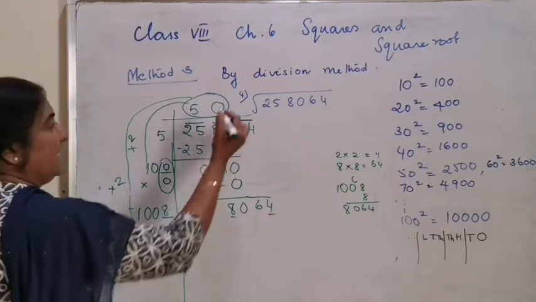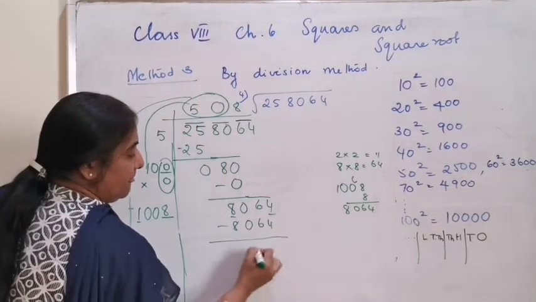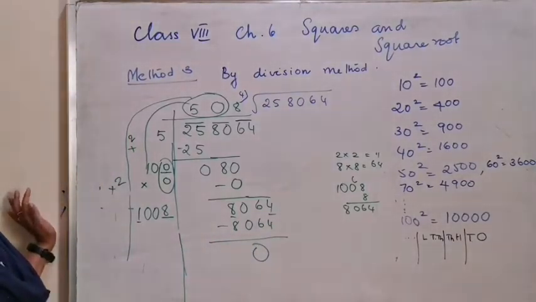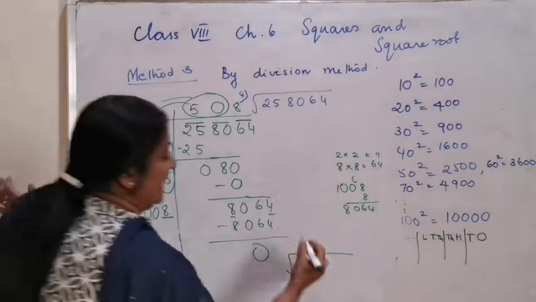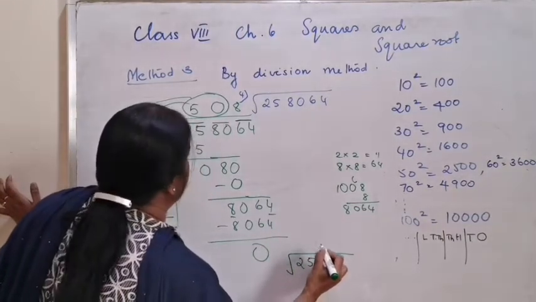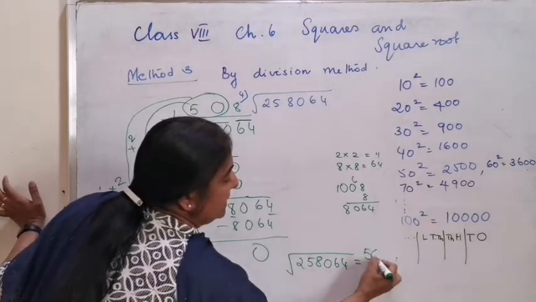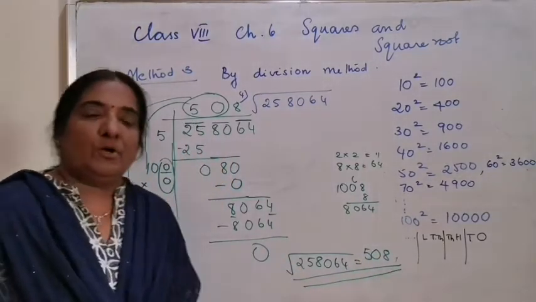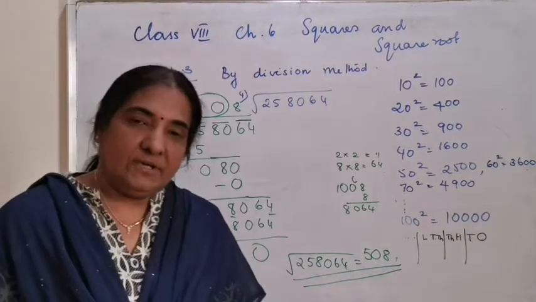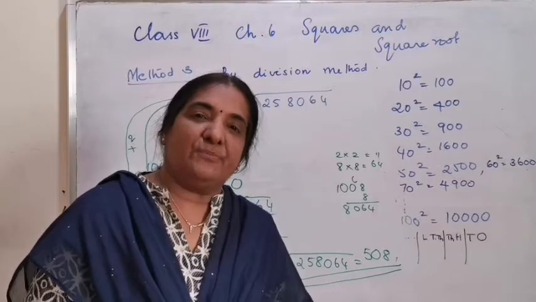That means 8064. The subtraction became 0. That is, the square root of 2,58,064 is equal to 508. Almost all the patterns I have worked out. Please do exercise questions from your text.